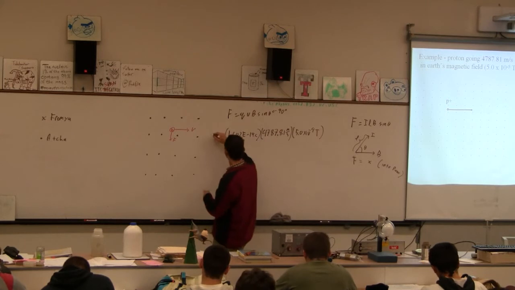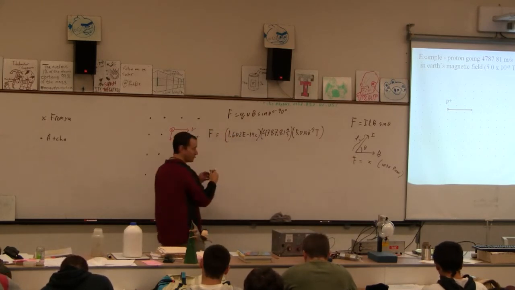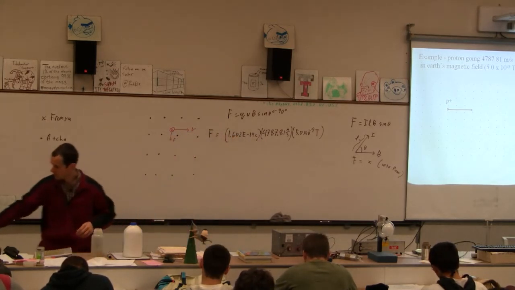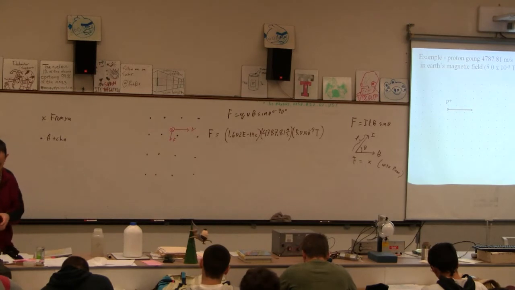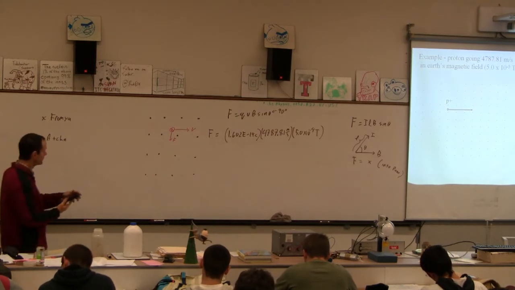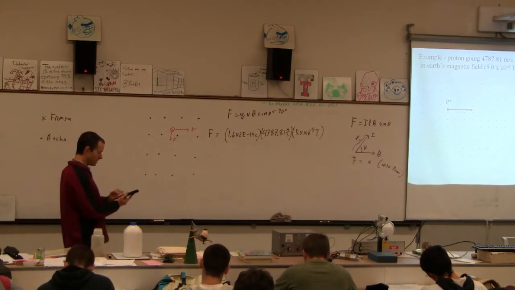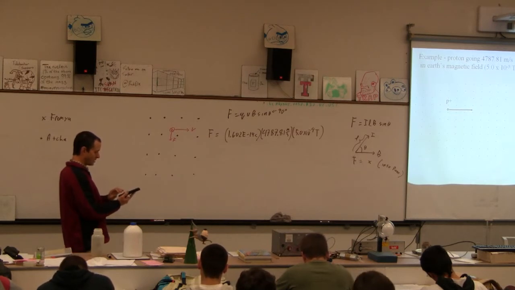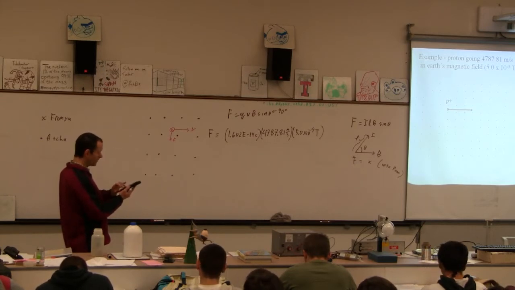And so we get our force to be, clear, okay. 1.602 E minus 19 times 4787.81. There must be some reason why this is so precise, times 5 E minus 4.